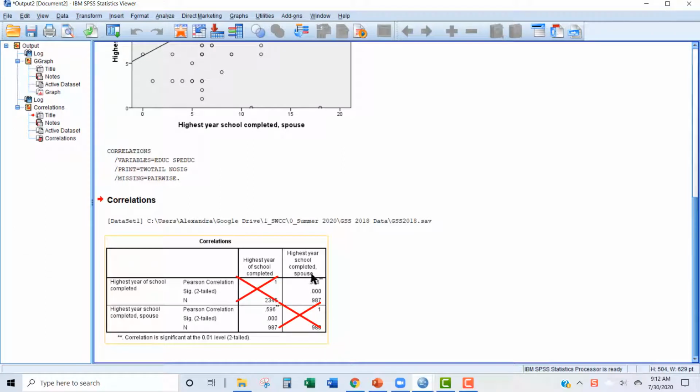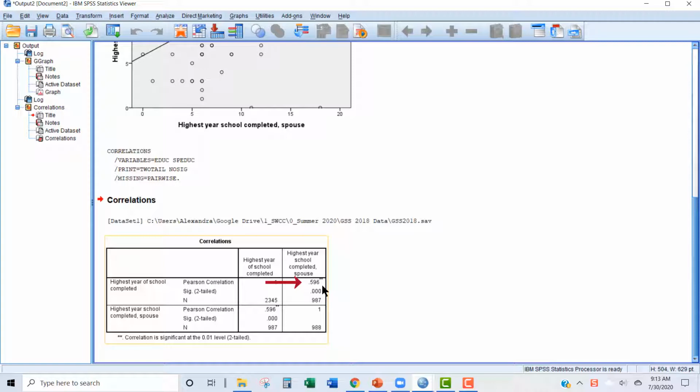What's of interest to us is the highest year of school completed spouse correlated to highest year of school completed by the respondent. And you can see it is, first of all, highly significant, right? It's significant to the 0.000 level. And then the Pearson's correlation is 0.596. So that is moderately strong. So remember, a correlation of 0 indicates that there's no relationship.